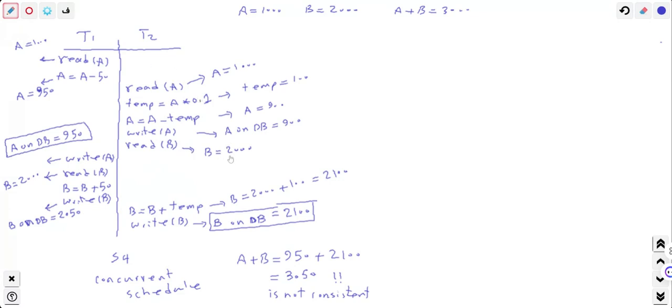T2 sees the value 2000, and works with the value that it read before.